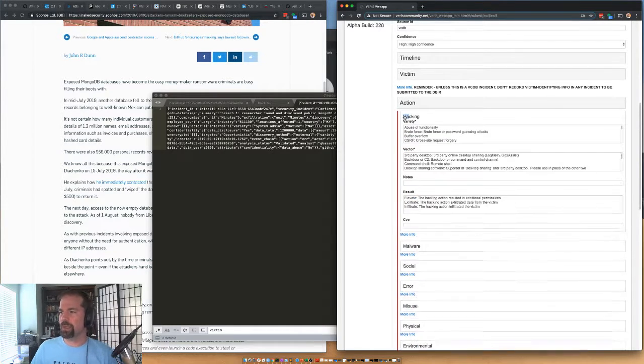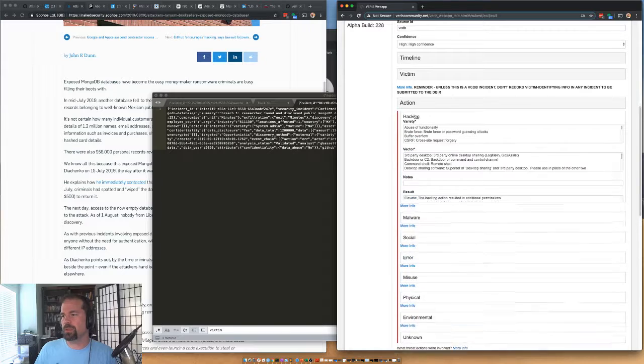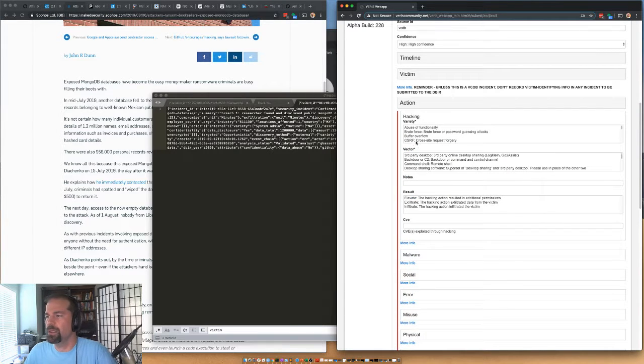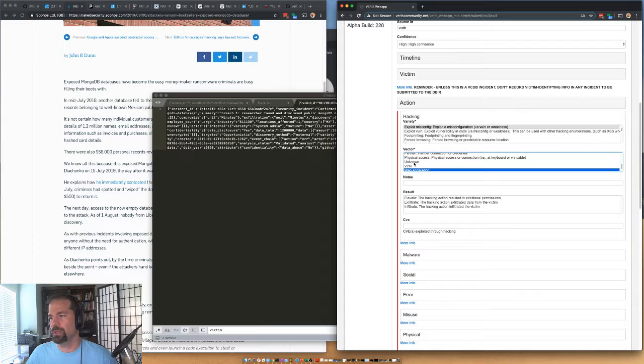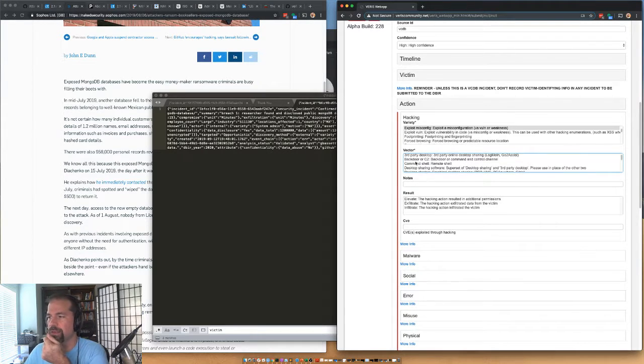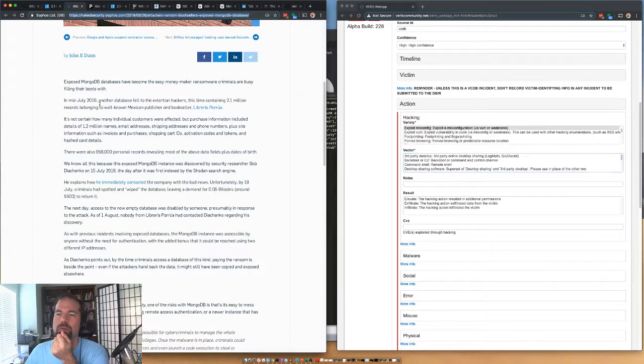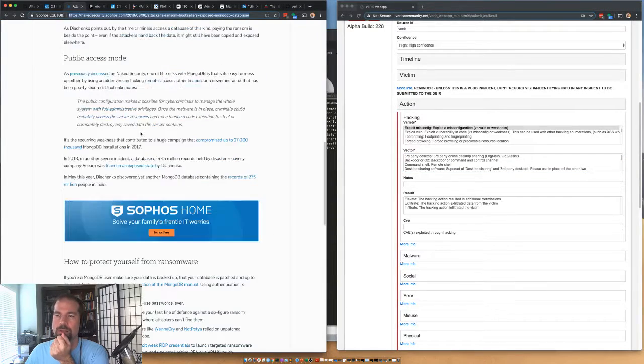Now the action, in this case, this is going to be hacking, exploit misconfiguration. Vector was, I mean, it's really through network access to the server directly, it sounds like. So what was that screenshot, right? Or do they have one?